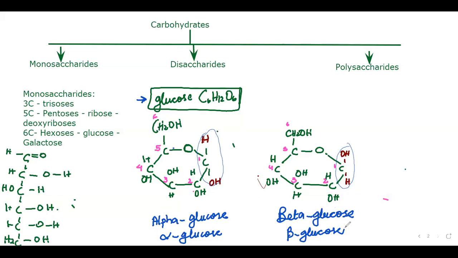Similarly, we also have other types of monosaccharides as well, right? We don't just have glucose as our monosaccharide. What are the other types of monosaccharides that we have to go over?